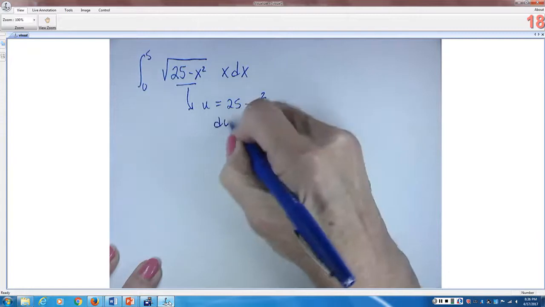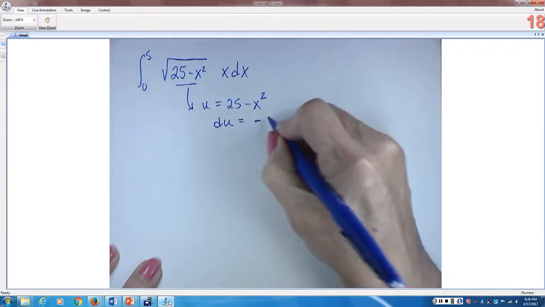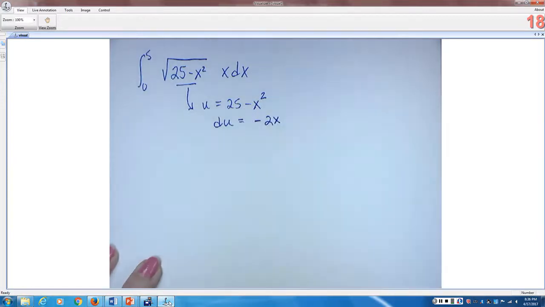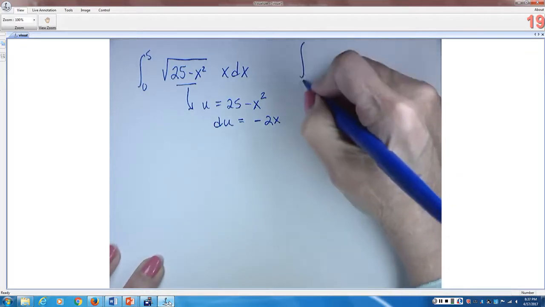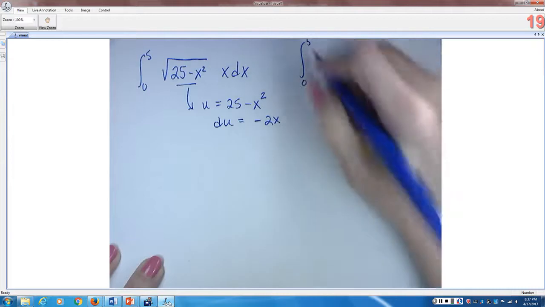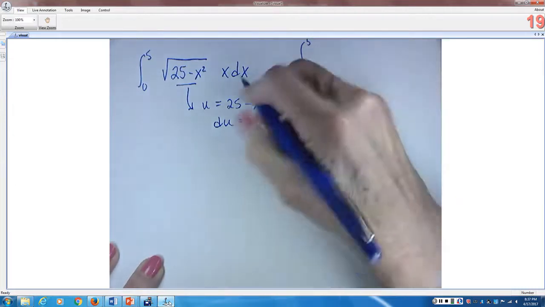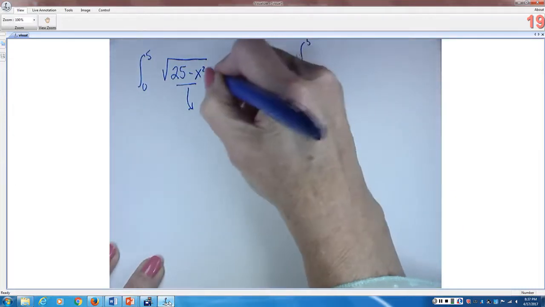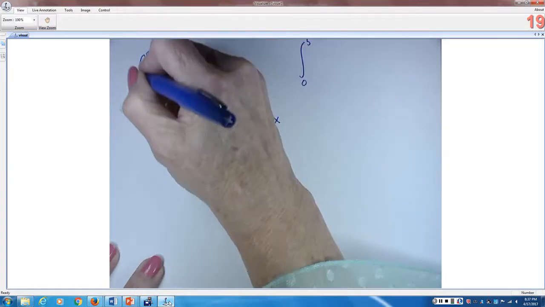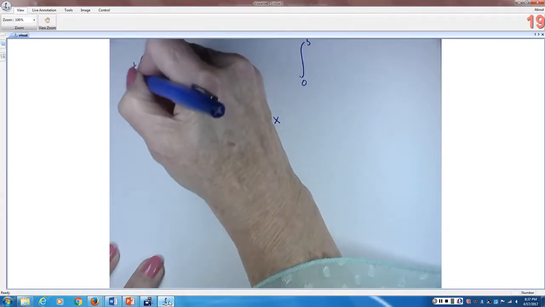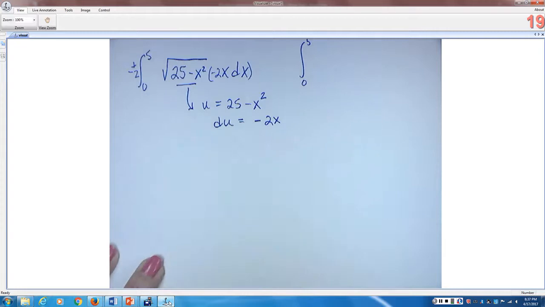then du is negative 2x. I don't have the negative 2. So in order to have it, what I'm going to do is I'm going to put negative 2 right here, and then I'm going to put negative 1/2 on the outside.